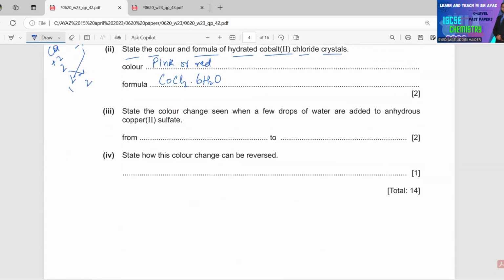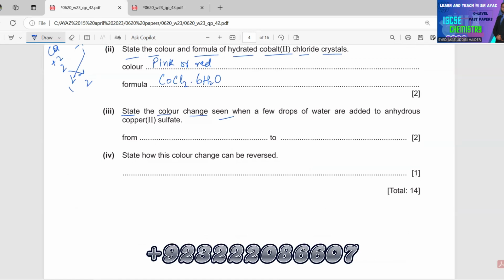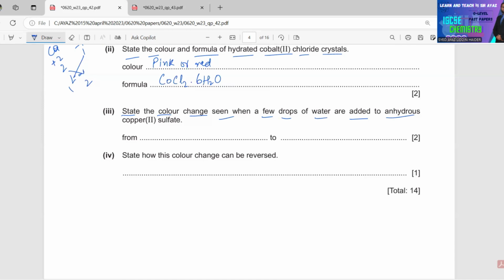Moving to the next question, state the color change seen when a few drops of water are added to anhydrous copper(II) sulfate. Anhydrous copper(II) sulfate is white in color and it will turn blue when water is added. So I will write white to blue.